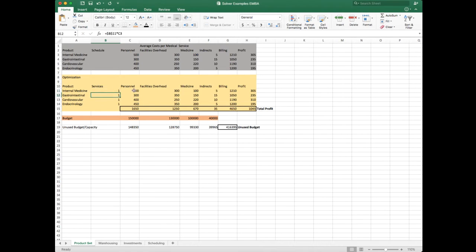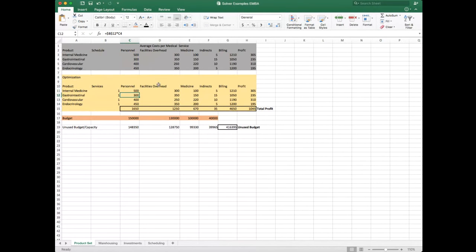And the way you do it is, you say, what would it cost the company to offer one single internal medicine service? And the answer is, personnel services for internal medicine seem to be $500 for each service, so it must be 500 times 1, which is equal to 1 times the cost of personnel for each service.